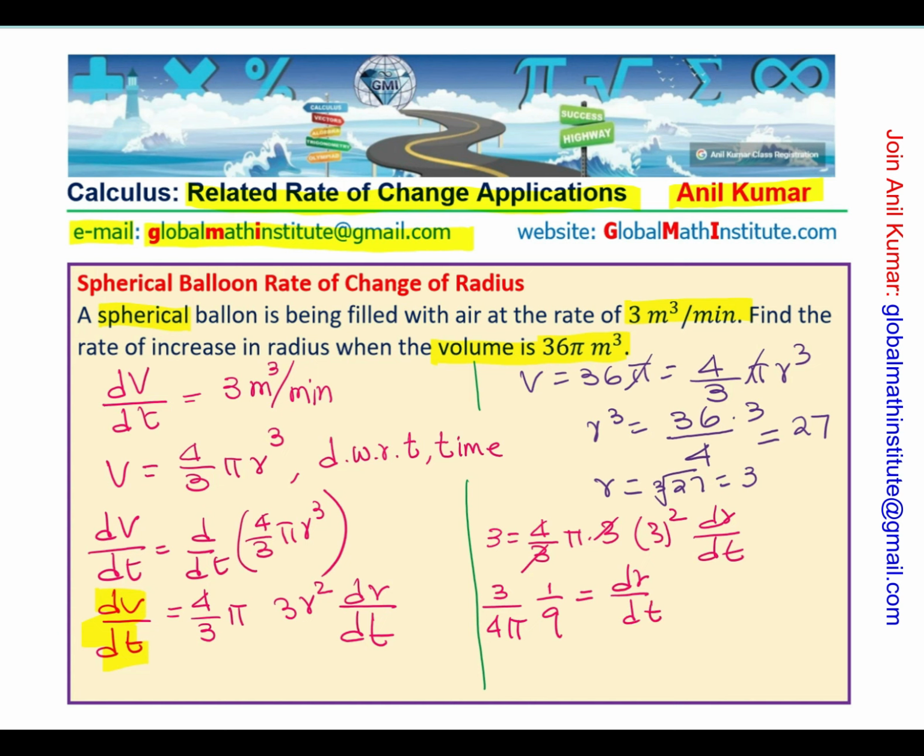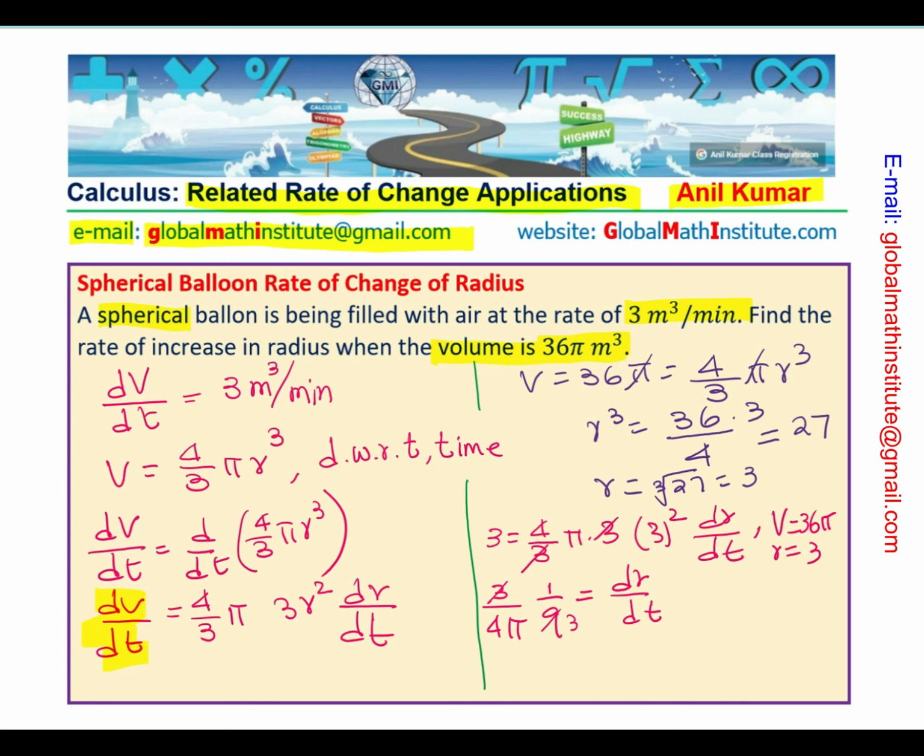Makes sense, correct? And this rate of change is when volume is equal to 36 pi. At this instance, radius is 3. So we have substituted those values. Perfect. And we are going to find what is dr/dt now. So simplifying, 3 goes 3 more times.